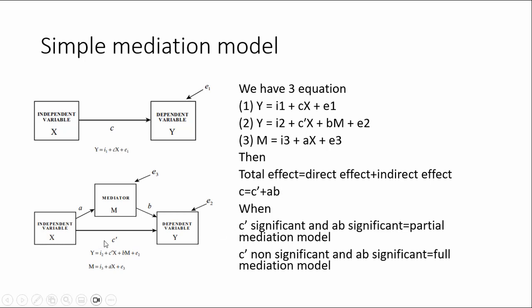When c' is significant and the indirect effect, a multiplied by b, is significant, we call it a partial mediation model. But when c' is non-significant but the indirect effect a multiplied by b is significant, we call it a full mediation model.